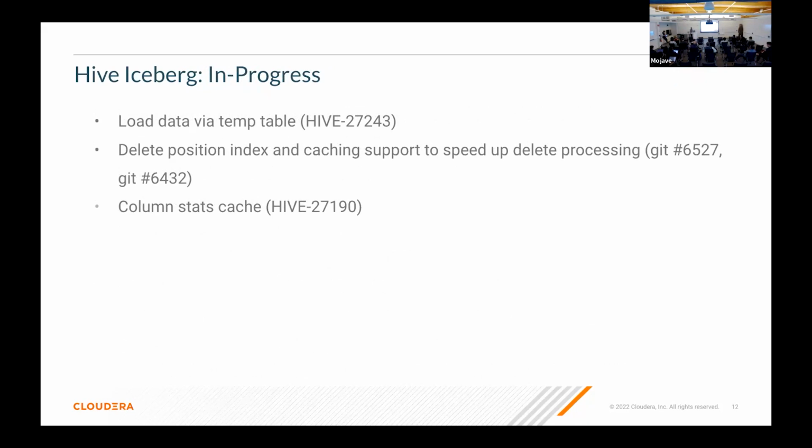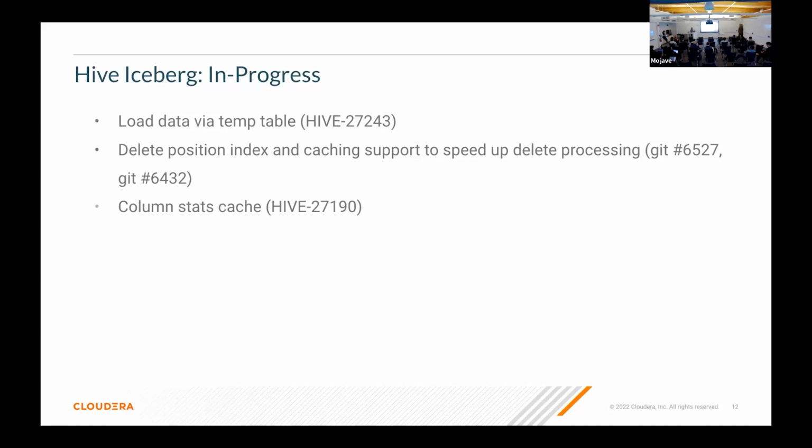So in this work, what we did was we read these files into a temporary table, and then we convert it to an Iceberg table. And there's some reasons for that, because Iceberg expects that each column is identified by a field ID.